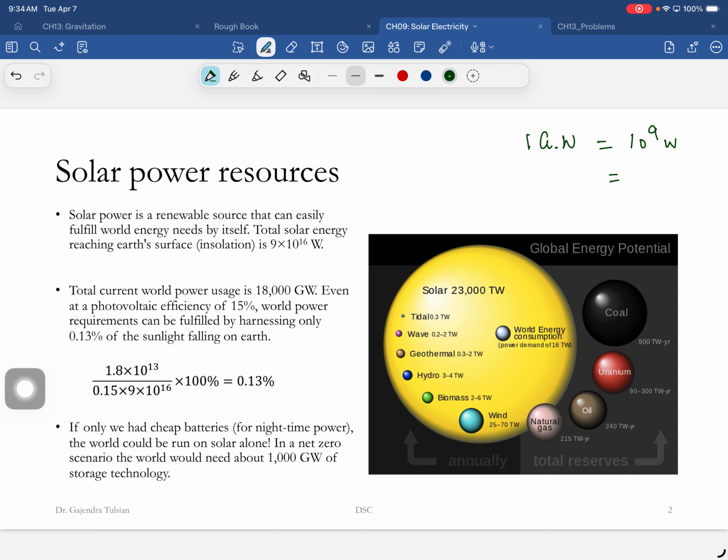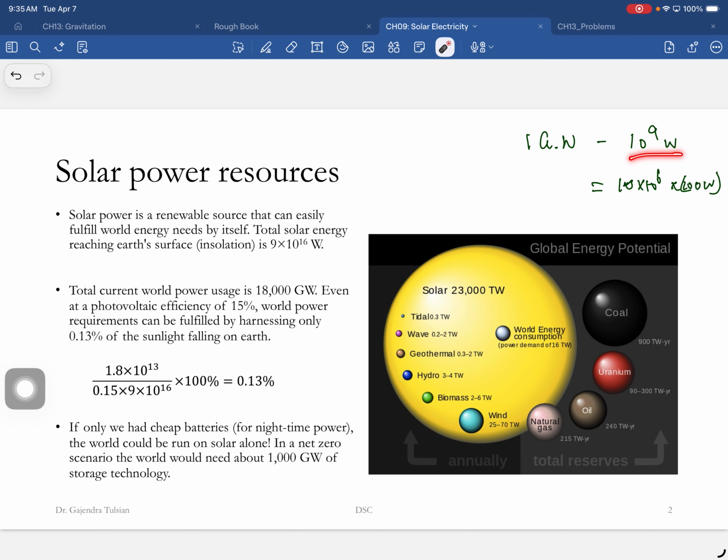What that means is, with 1 billion watts, you can do 10 times 10 to the 6 times 100 watts.